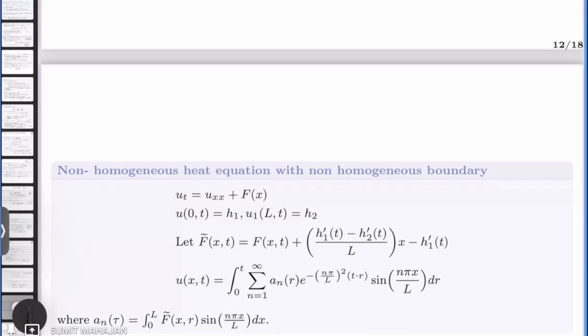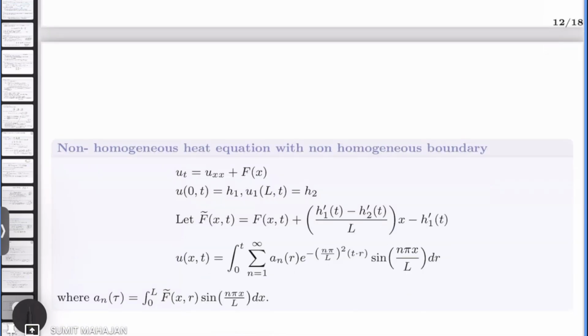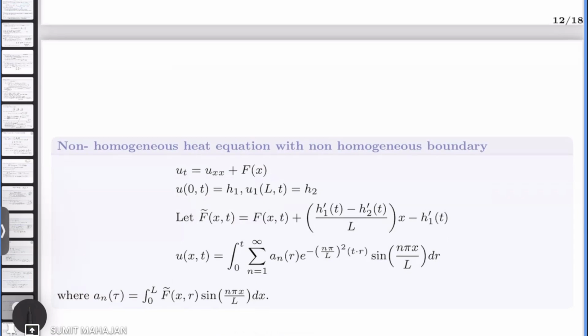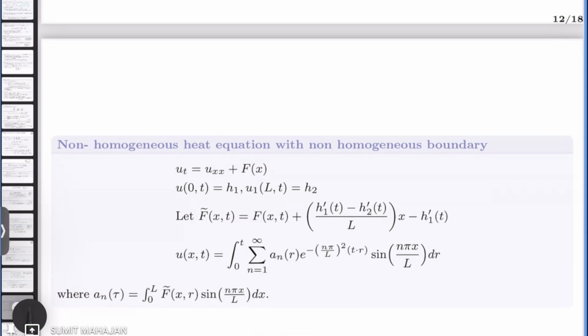And for the non-homogeneous heat equation with non-homogeneous boundary data, let's say u t is equal to u of xx plus f of x, u of 0 comma t equals h1, u of l comma t equals h2.